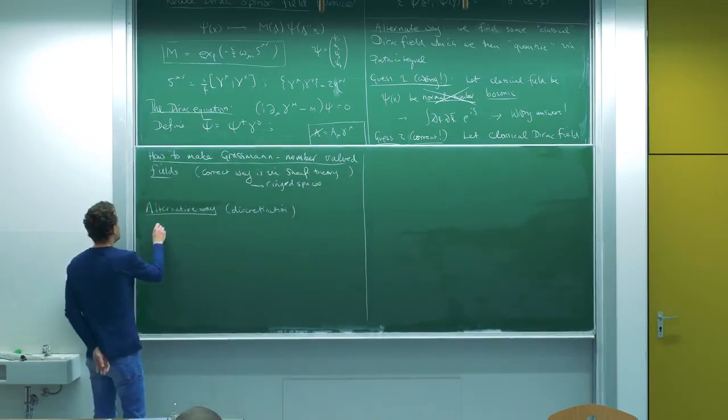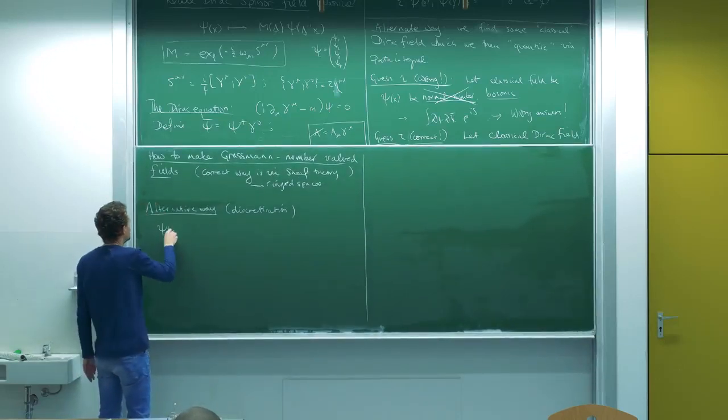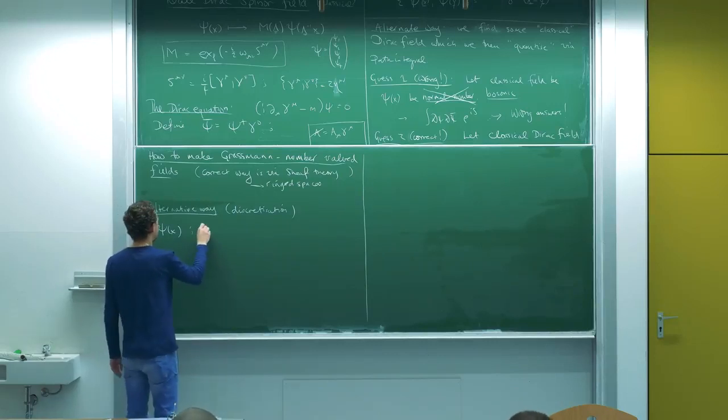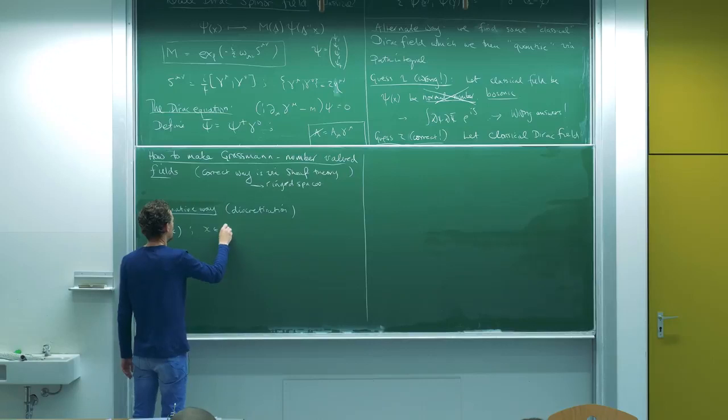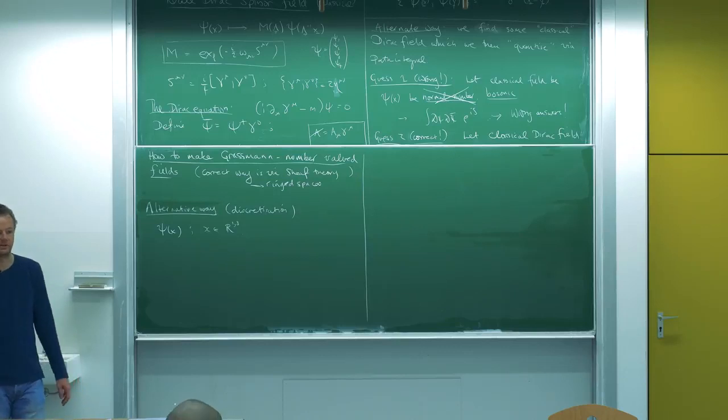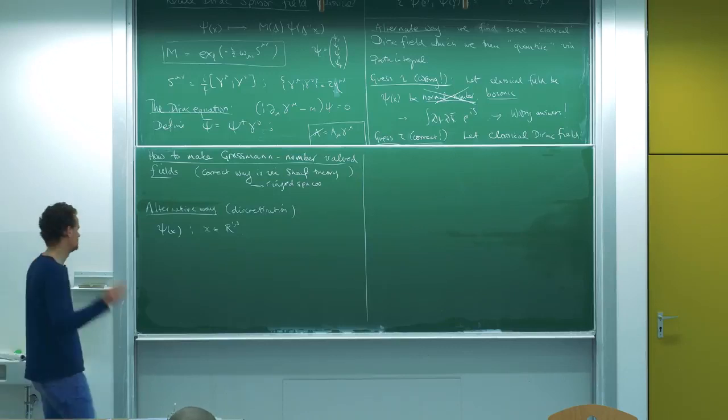So here the idea is we take psi of x, what is this thing? And x is an element of space-time. And we're going to discretize space-time. That's the first step.